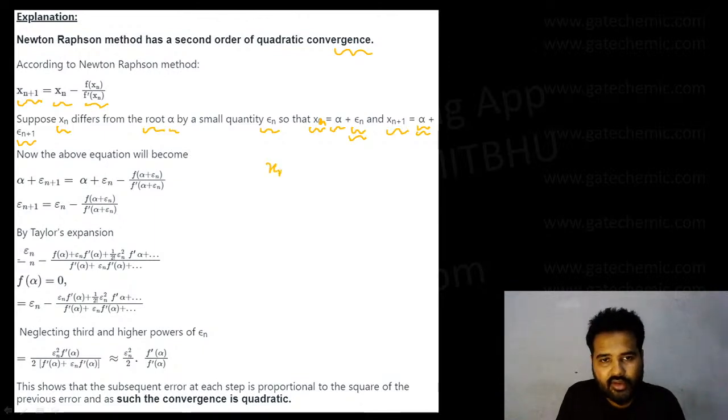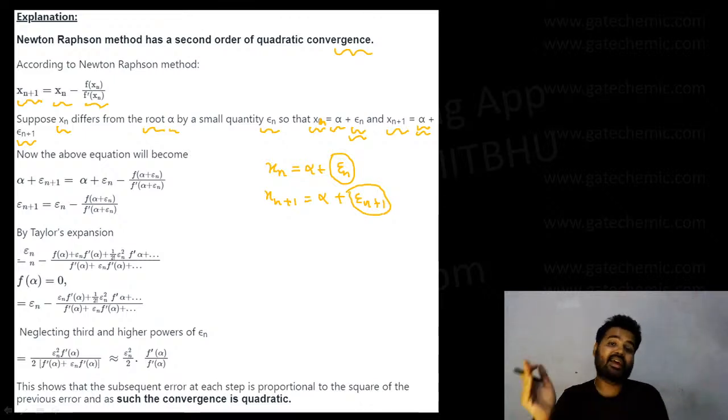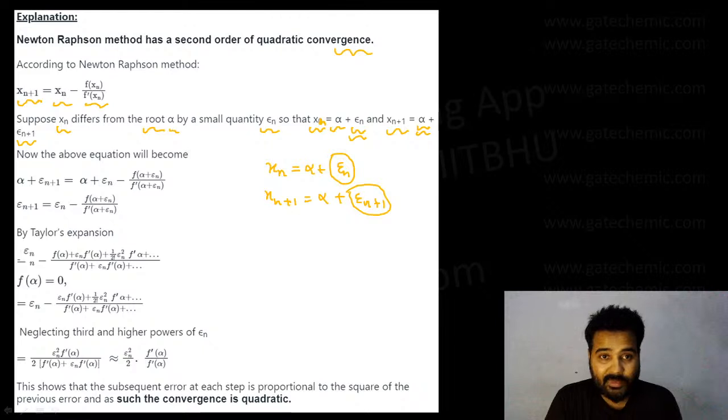That means initially my error was epsilon_n, but after doing one approximation, my new error is epsilon_{n+1}, and 100% epsilon_{n+1} is less than epsilon_n, because this is a better value. This value I got by the next approximation.